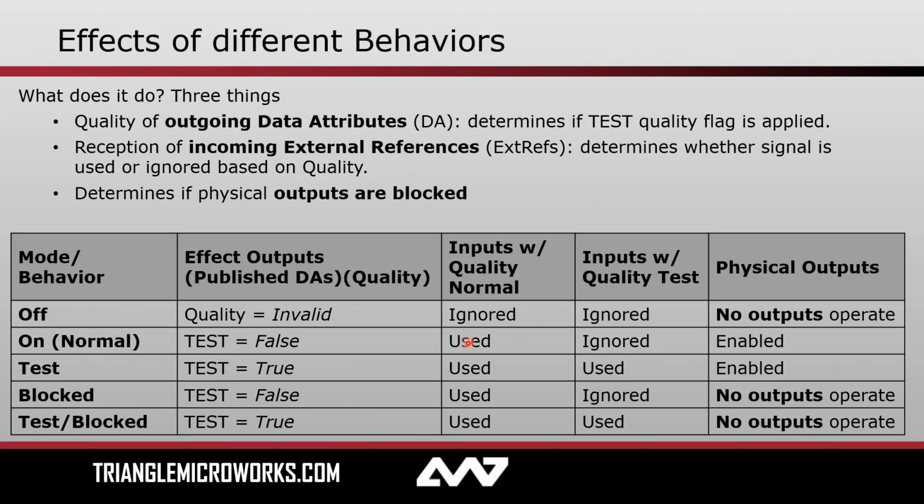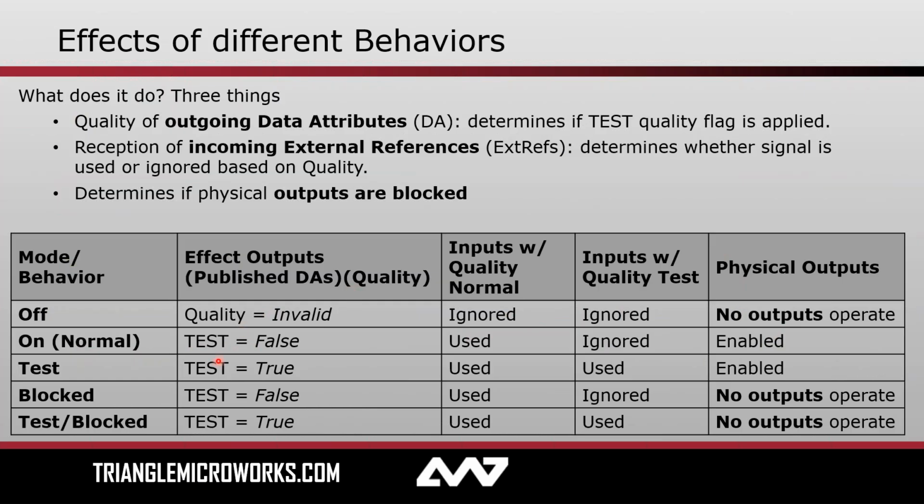And I will continue to use or subscribe to incoming messages that do not have test set to true, and I will ignore any incoming inputs that do have test set to true. And my outputs will remain unaffected. If I need to actuate an output, I certainly can.